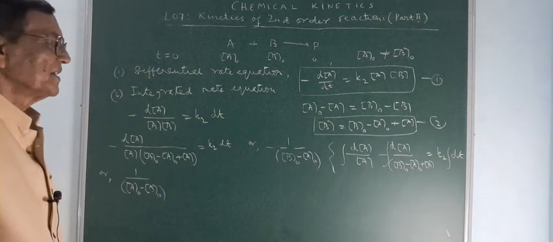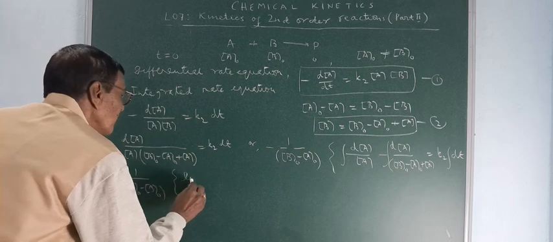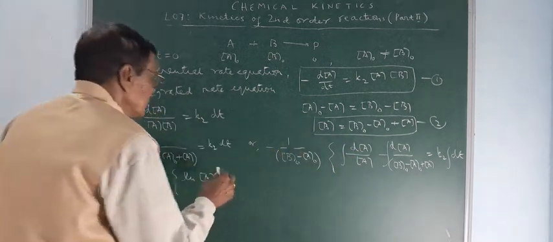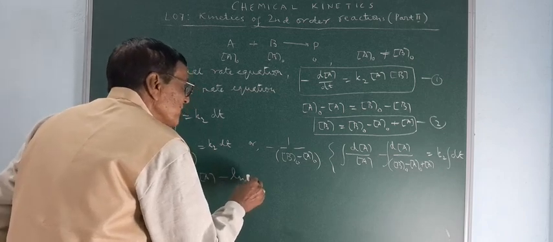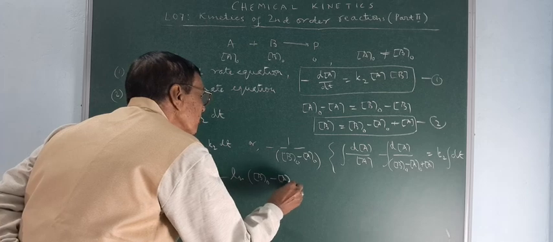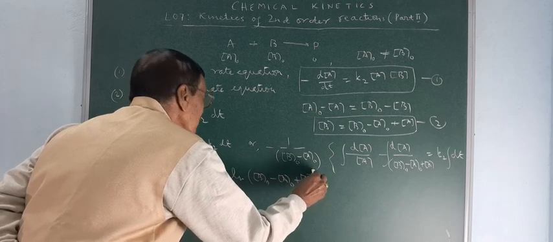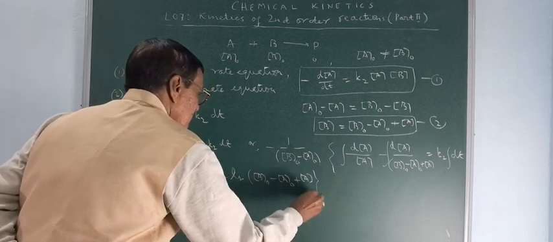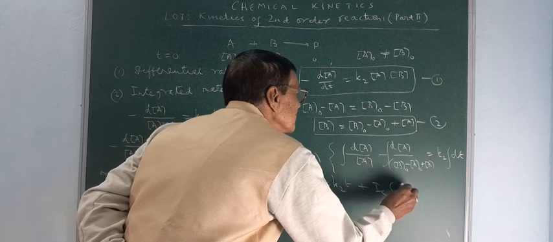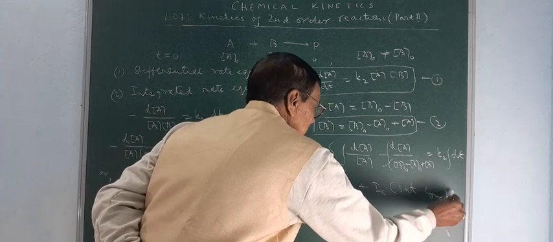If we do the integration, this is an indefinite integral, so this will give you ln A, since dx by x is ln x, minus ln of B naught minus A naught plus A, equal to K2 t plus IC, the integration constant.